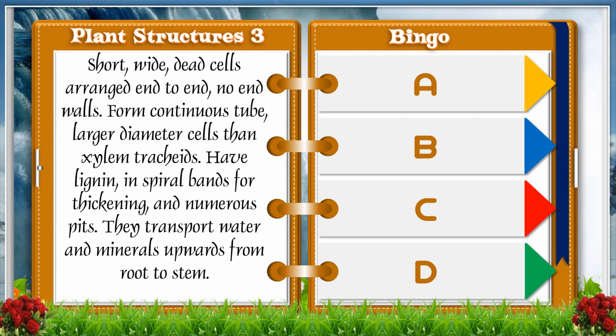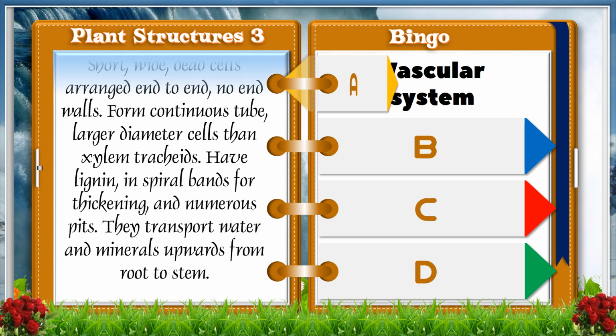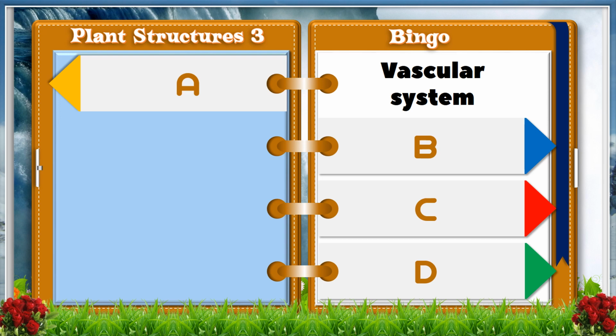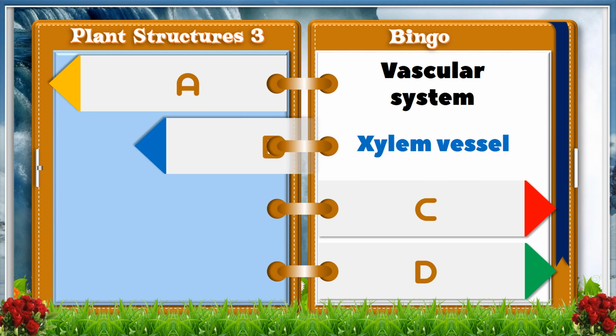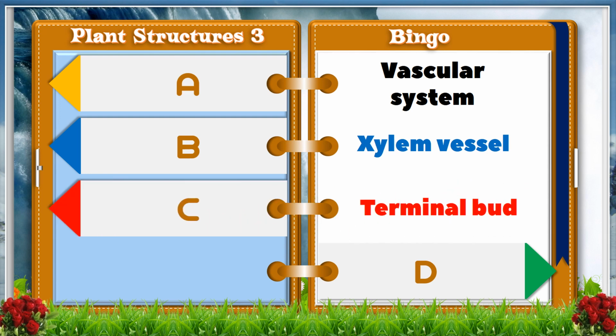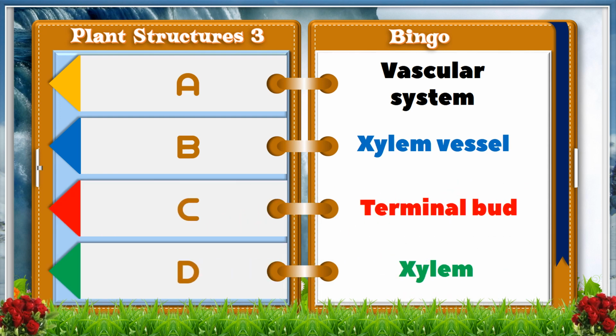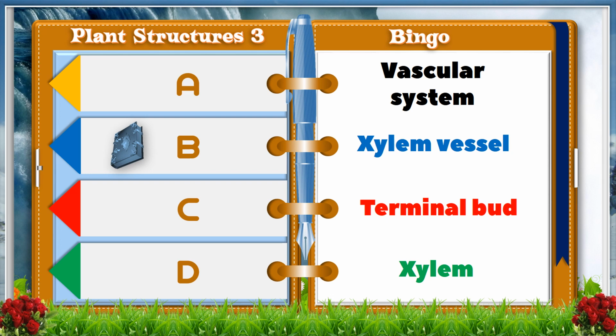They transport water and minerals upward from root to stem. A. Vascular system. B. Xylem vessel. C. Terminal bud. D. Xylem. And the answer is B. Xylem vessel.